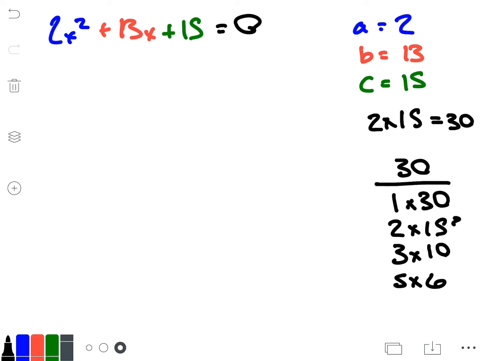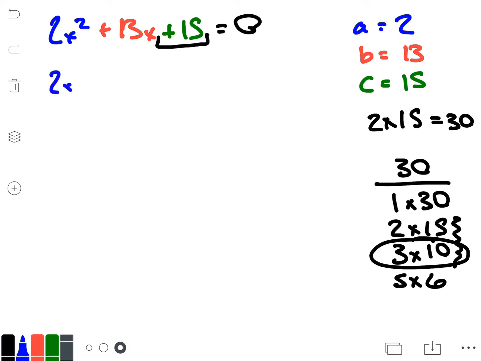That's going to be 3 plus 10 or 15 minus 2. So we know it's going to be one of these two middle pairs. But how do we know which to pick? That's based off of our c term. In this case, we have a positive c term, so we'll use the terms that when added equal 13. If it was a negative c term, we would use the two that when subtracted equal 13.